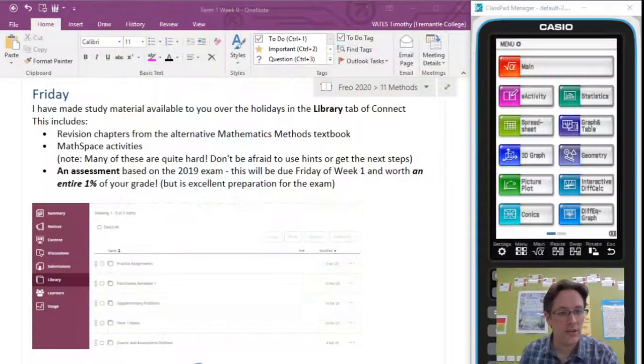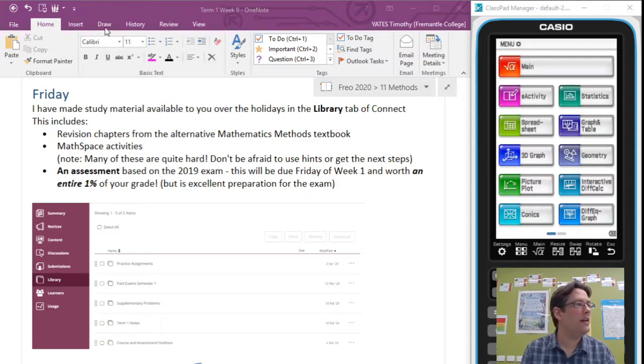That's going to include some revision of trigonometry, some of our basic linear stuff, and also quadratics, cubics, polynomials, all that kind of stuff that we've been doing for the duration of the term. So without further ado, let's get going.